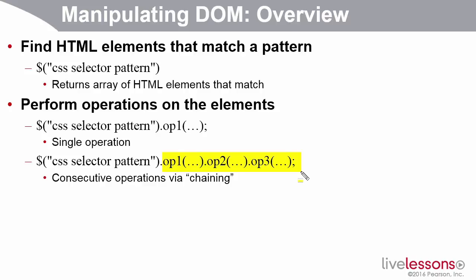So once you apply an operation to all the elements that matched, the return value of that first function call that manipulates those returns the original array in almost all cases. And so then you can do another operation, and it applies that operation to each of the matching elements, but then it returns the original array, and you can do a third set of operations, and so forth. And so this idea of chaining, hooking the operations together, makes jQuery calls very succinct, and that was extremely popular.